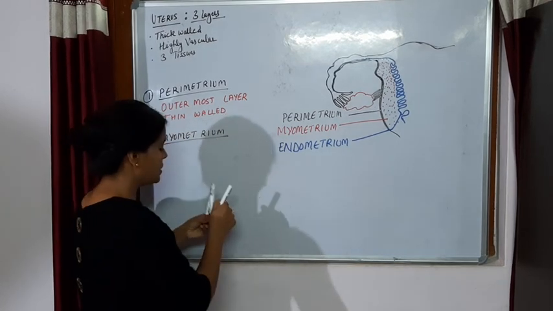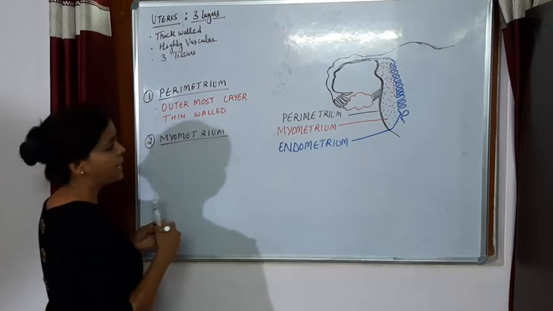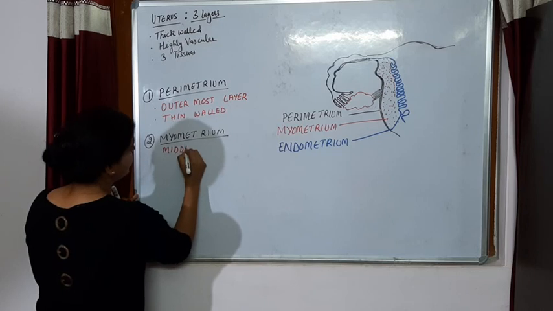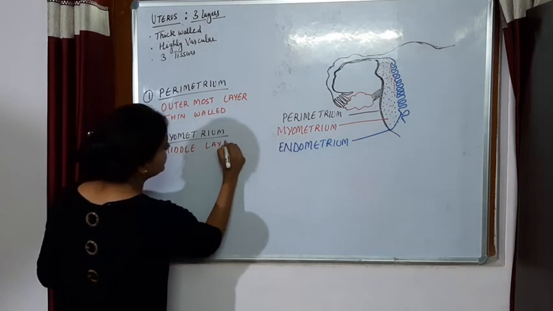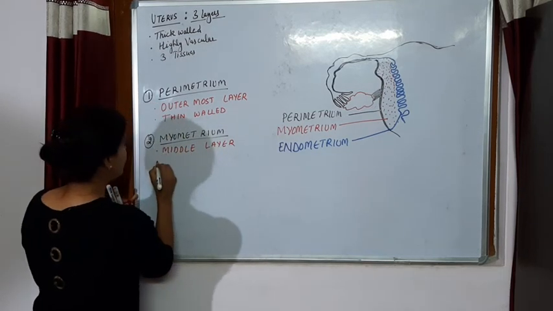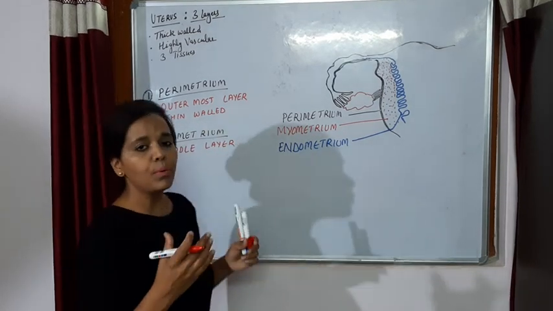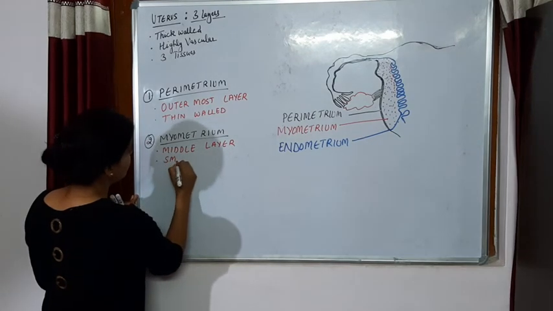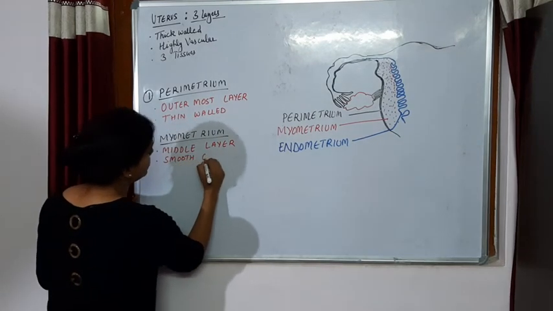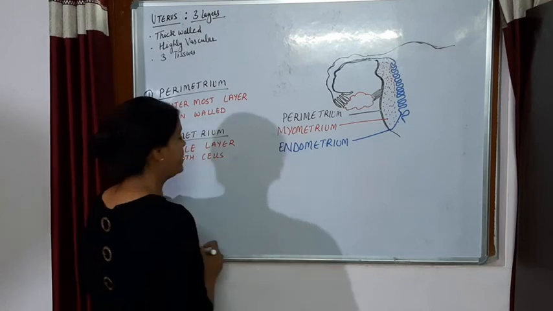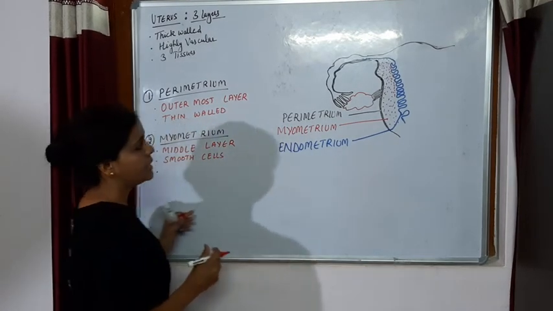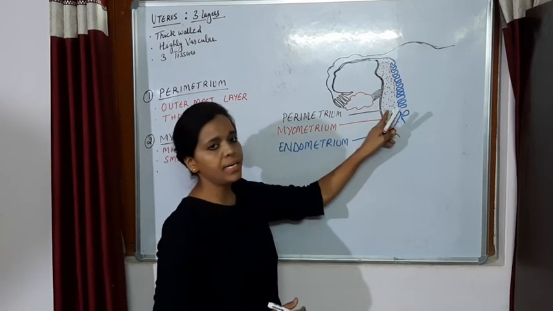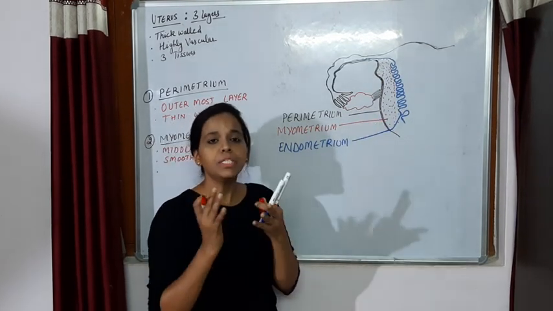So this second layer is the middle layer of the uterus. It is formed of smooth cells, right?